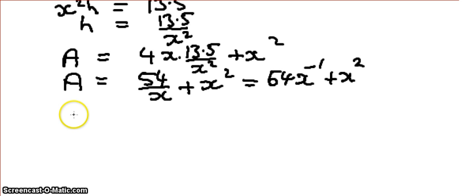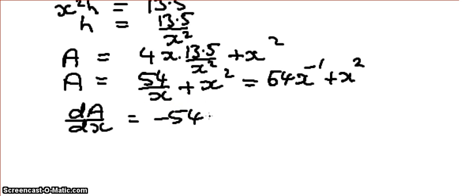Next step is to differentiate, because we want to minimize the area, so dA/dx is equal to negative 54x to the minus 2 plus 2x.